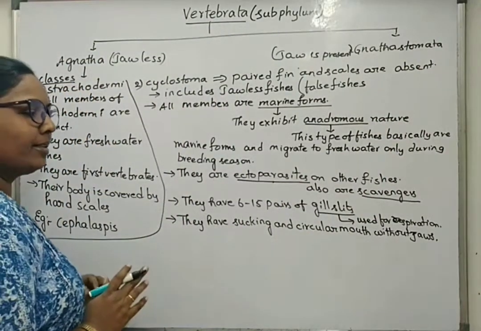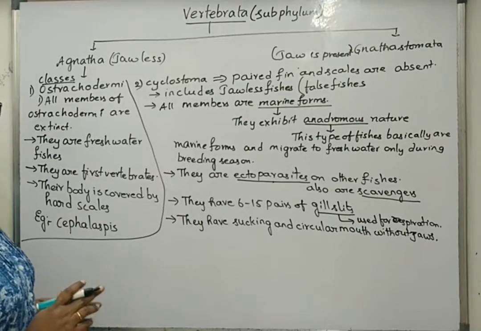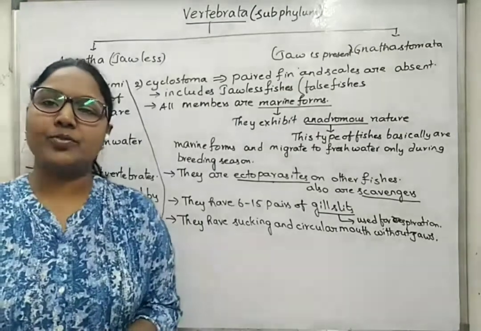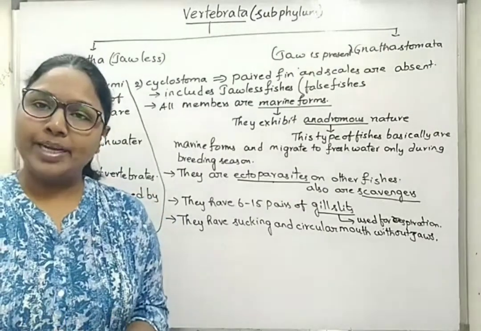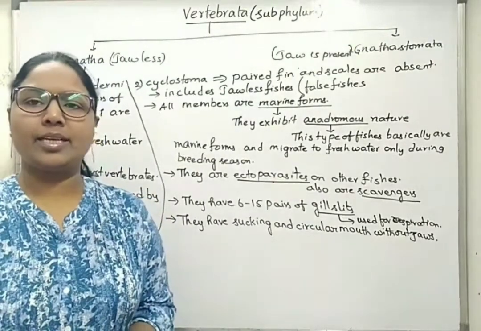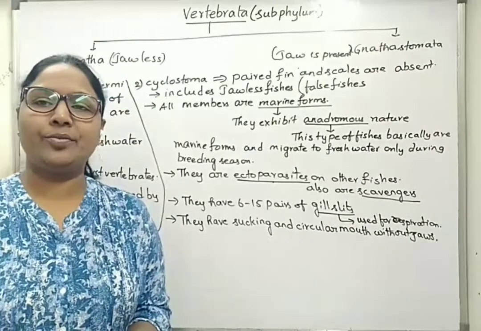Blood circulation inside the Cyclostome body is of closed type. The heart is two-chambered and is a venous heart. Venous heart means the blood flowing inside the heart has only carbon dioxide, that is, deoxygenated blood. The two-chambered heart is present on the ventral side of the body.